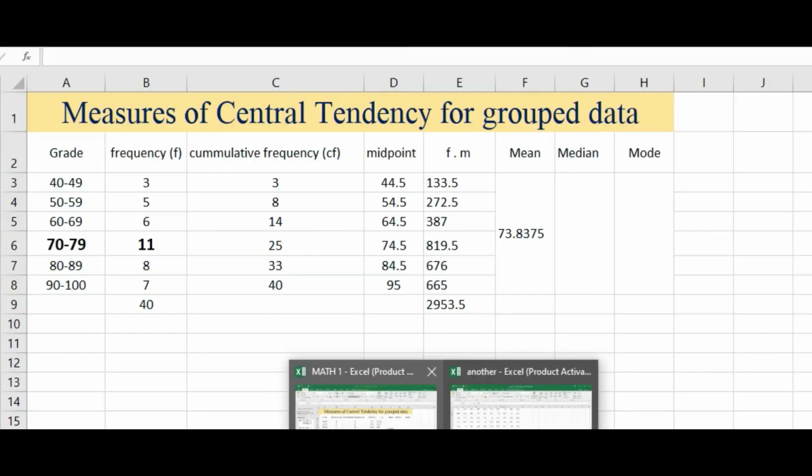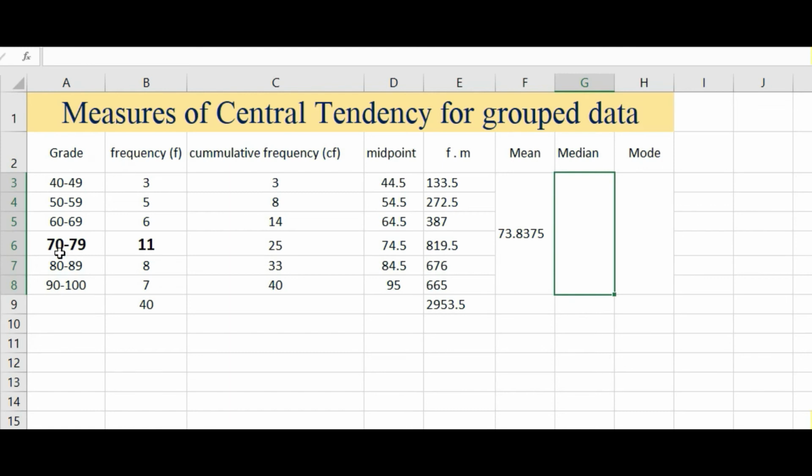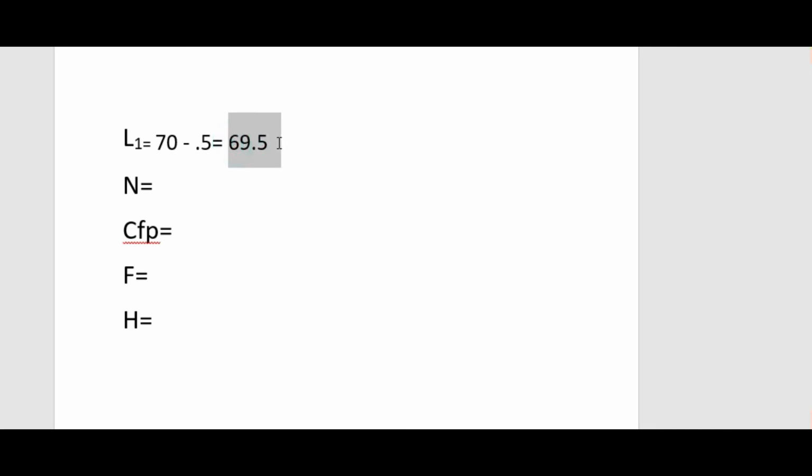In our data set, our lower boundary is 70. So in getting your lower limit, 70 minus 0.5. So the answer would be 69.5.